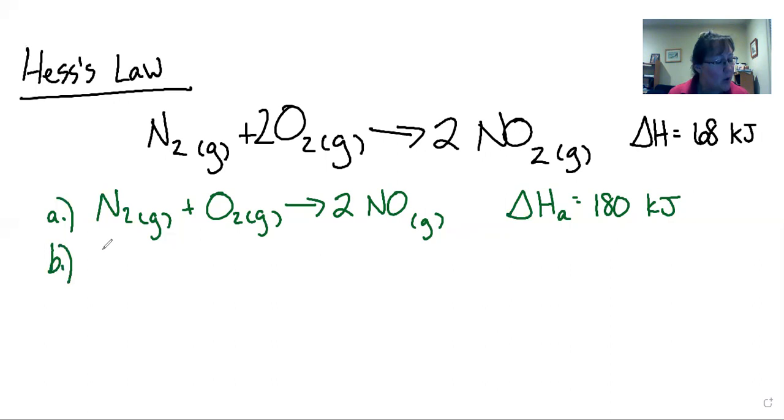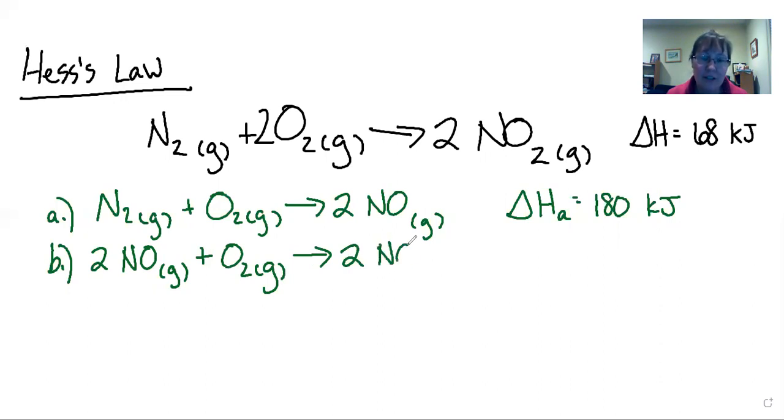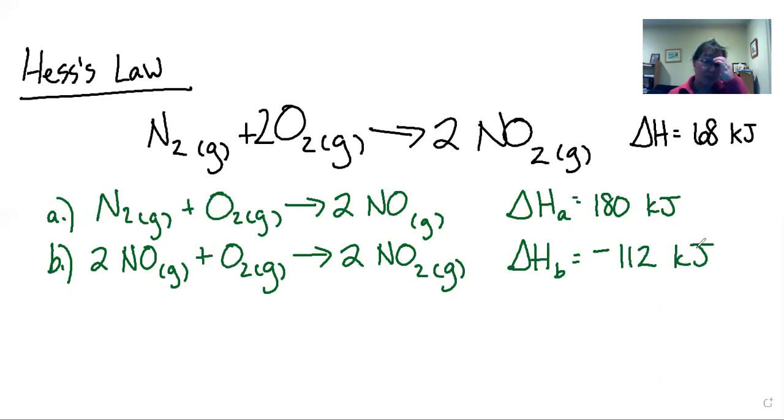Okay, so equation B has us getting rid of the nitrogen monoxide as an intermediate. So 2 moles of nitrogen monoxide plus oxygen gas yields 2 moles of nitrogen dioxide. And the delta H value for this one is a negative 112 kilojoules.